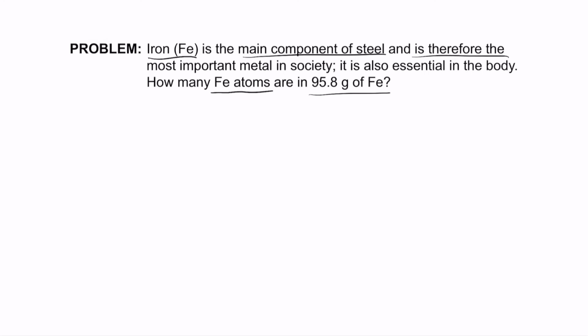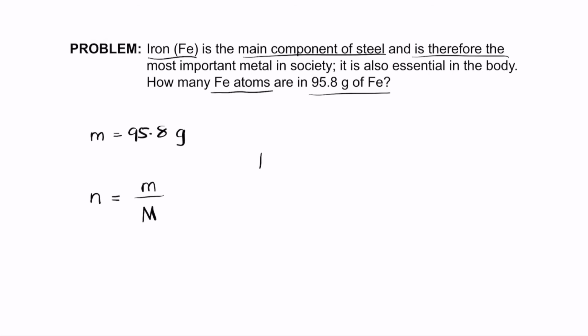Notice that they are asking two processes. So the plan here is to start by converting mass. The mass is given, 95.8 grams. So you are finding the number of moles first. The number of moles is mass by molar mass. So first calculate, using the periodic table, the actual molar mass. For your convenience, I'm going to write down the value.